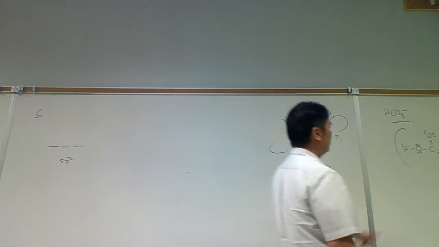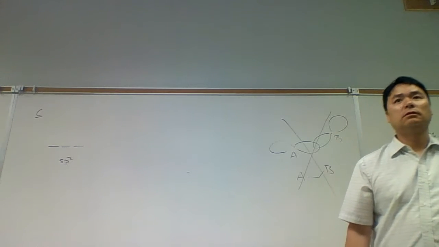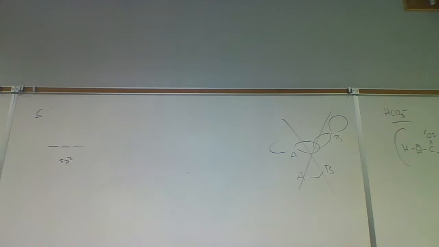So next step is to figure out how many electrons. How many electrons does carbon have here? 4. That's right. So put them in 1, 2, 3, 4. So look how I filled this diagram. When you look at how I filled this diagram, it tells me that carbon has 1 lone pair and 2 bonds.